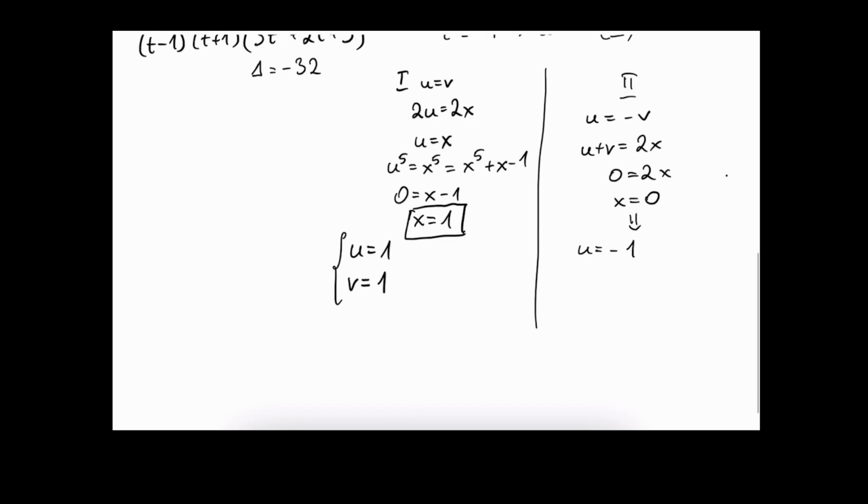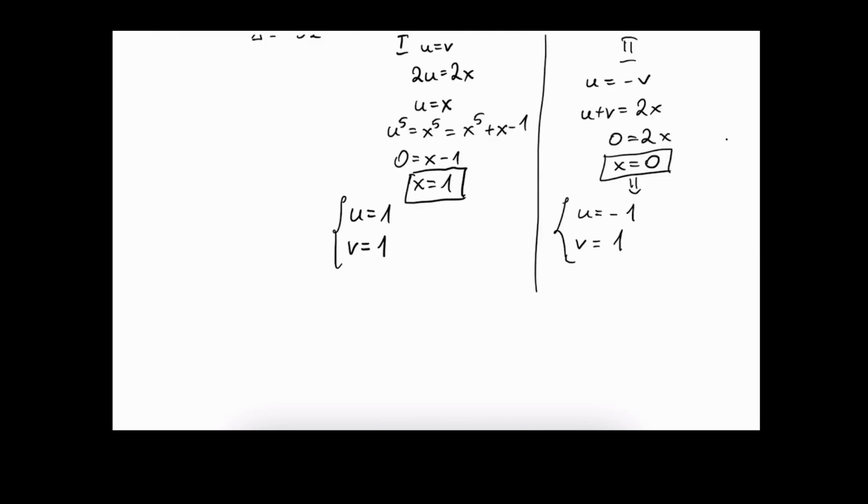And v is equal to 1, which is minus u. x equals 0 is also a solution, and those are the only solutions for the given equation.